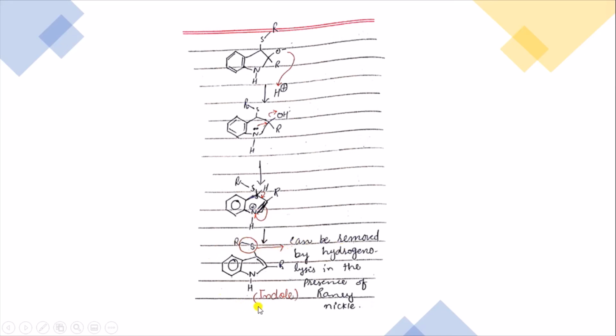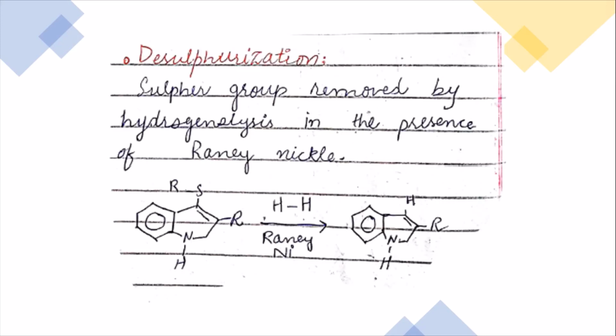Now we have the thioalkoxyindole, but if we want to remove this RS, it can be removed by hydrogenolysis. What is hydrogenolysis? It is first the breakage of a bond, and then hydrogenation takes place. For this reaction we will take Raney nickel as the catalyst, and it will take place in the presence of hydrogen molecule.